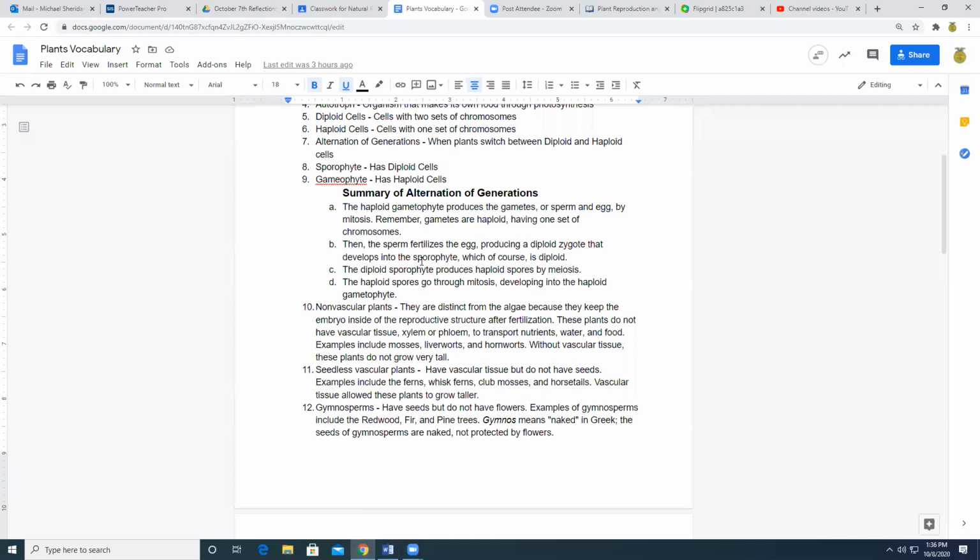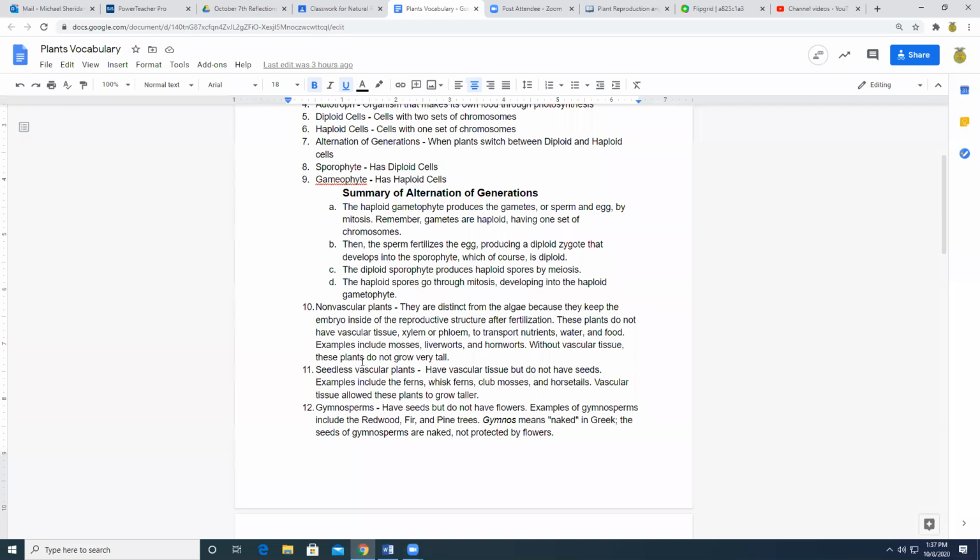So you're going back and forth between a plant producing female and male cells and producing cells that don't reproduce, that can just grow on their own. Non-vascular plants are different from algae. These are very simple plants, things like mosses, liverworts, and hornworts.